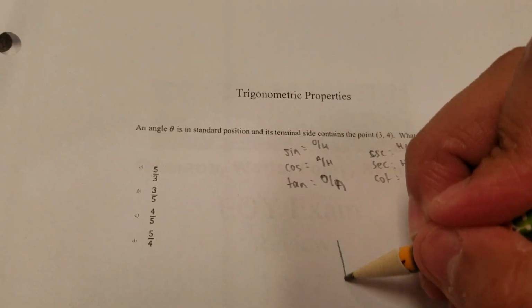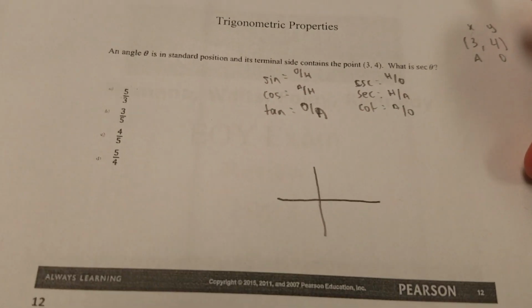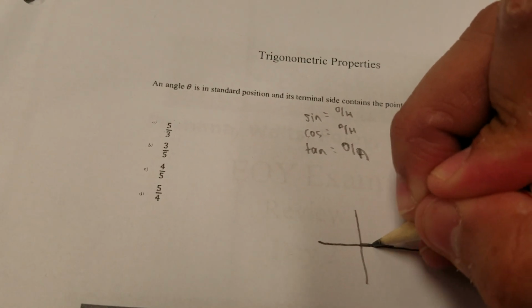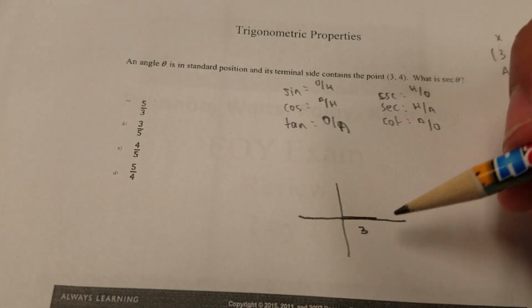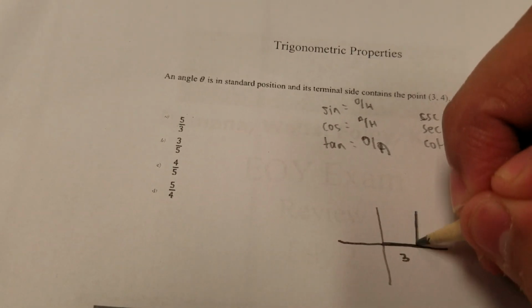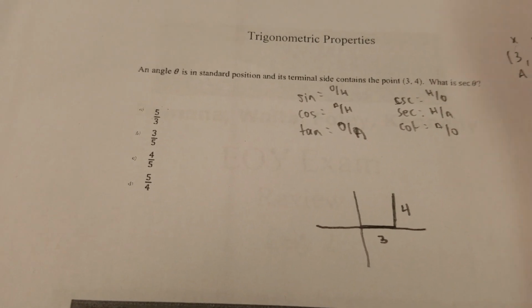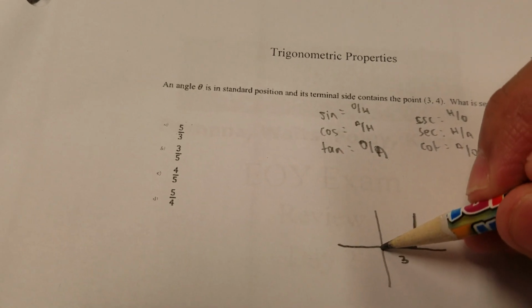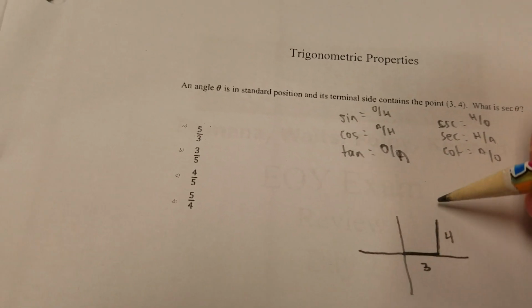So if I were to draw this, first off, this is positive 3, so it's moving this way. Positive 3, and then it moves up because this is positive 4. You start in the X direction, so you go out and then up from there.